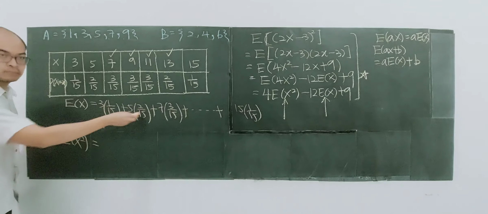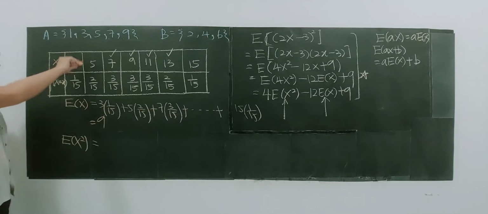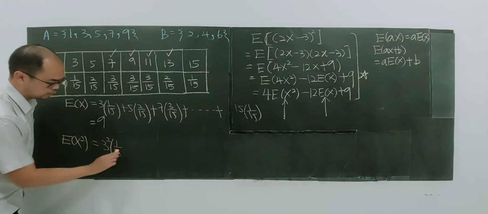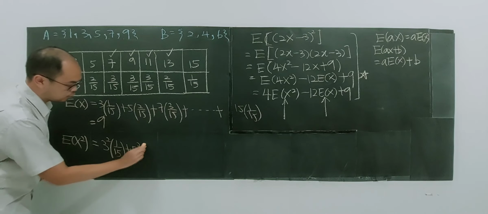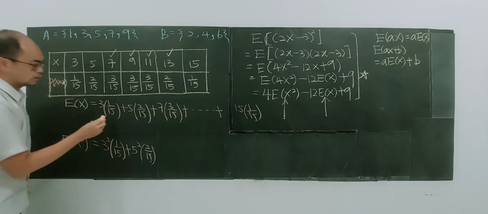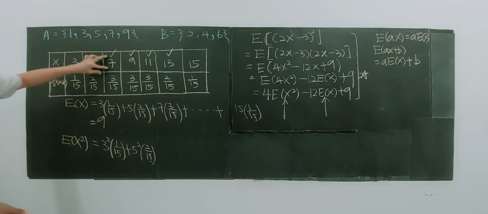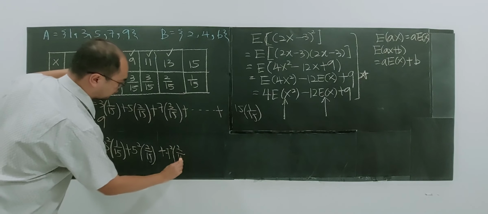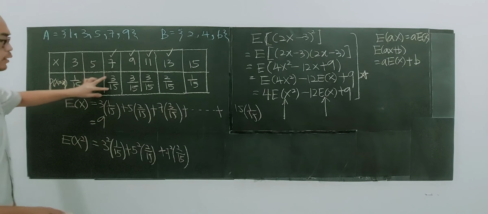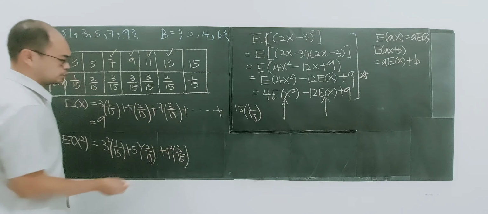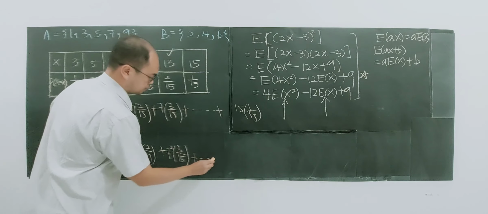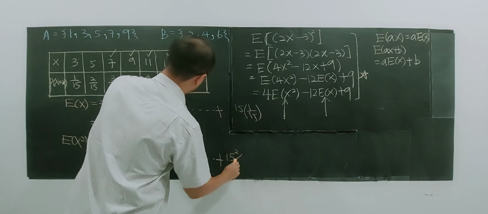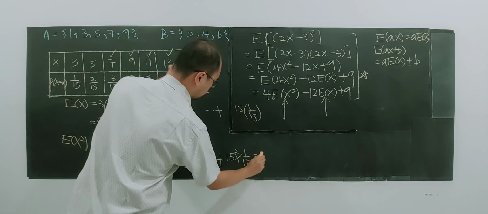It's the same, just you square the number here. 3 squared with 1 over 15, plus 5 squared with 2 over 15, 7 squared multiplied with 3 over 15, until the end, 15 squared multiplied with 1 over 15.